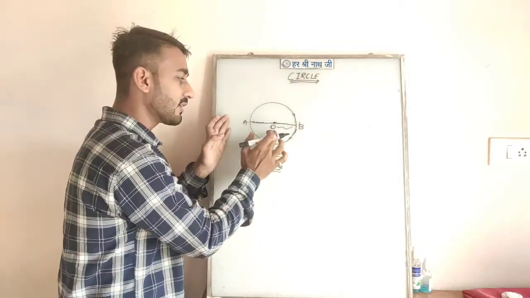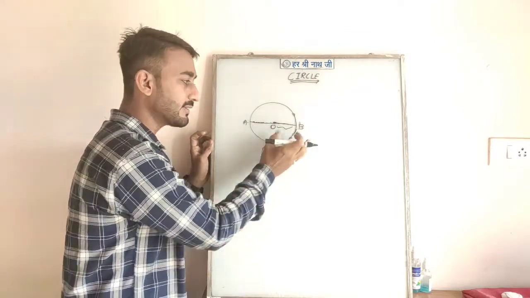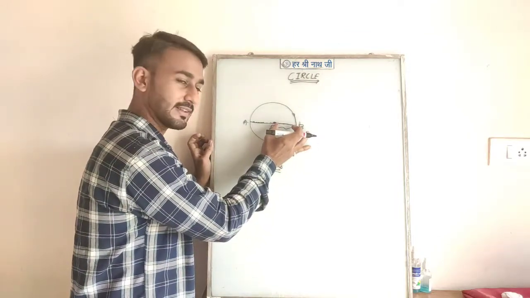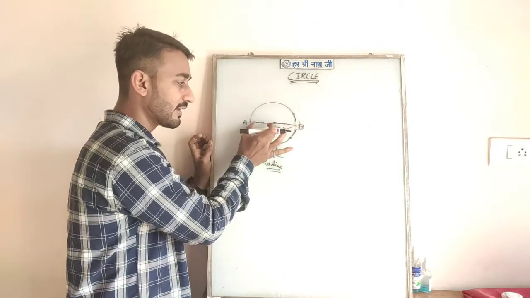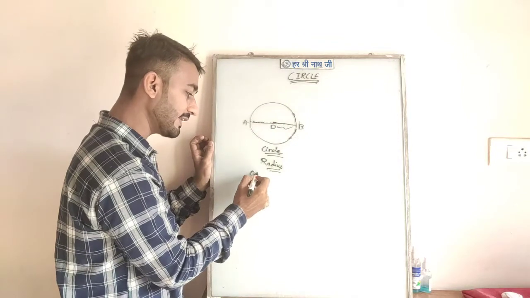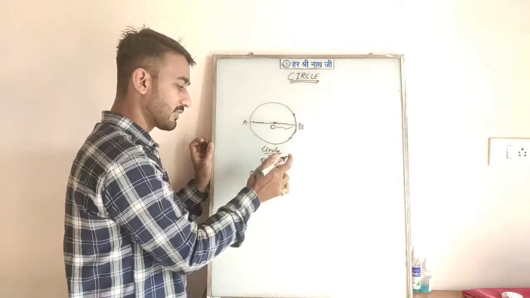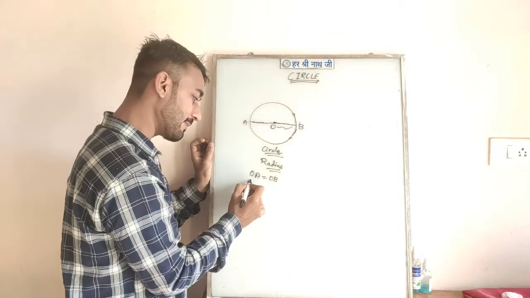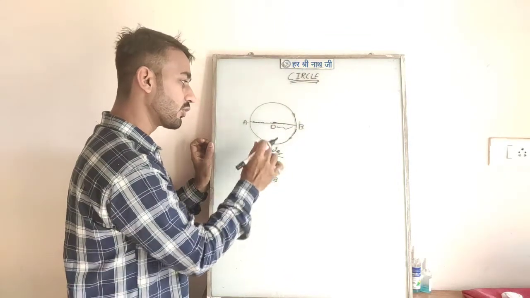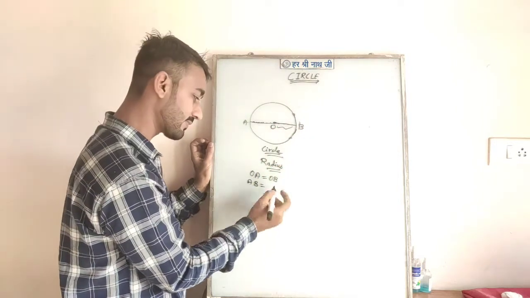So the distance OB will be equal to OA, right? Because this is the constant distance. In the same manner, here also this is a constant distance. So I can say OA is equal to OB, right? Now I can also say that AB is equal to 2 times OB or OA, right?